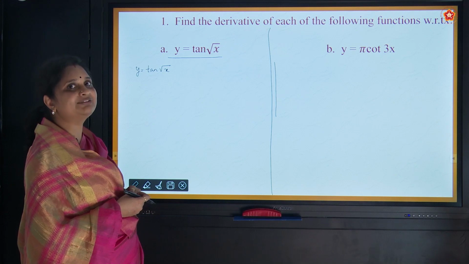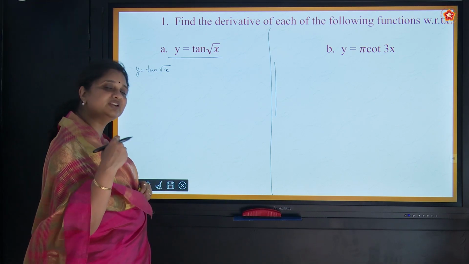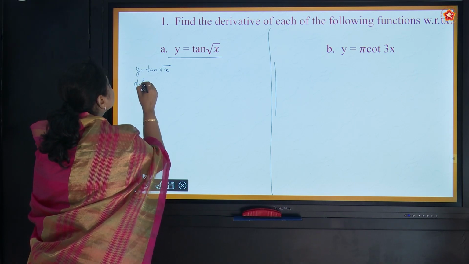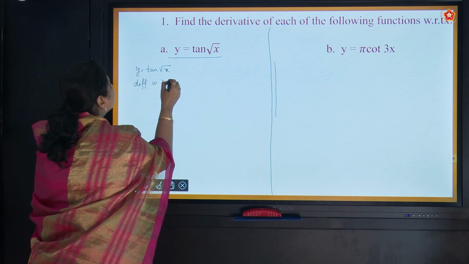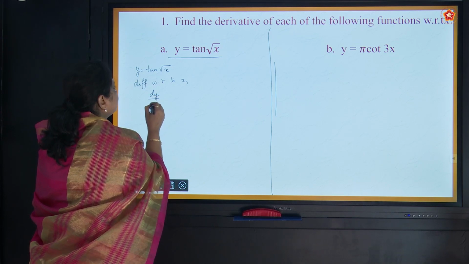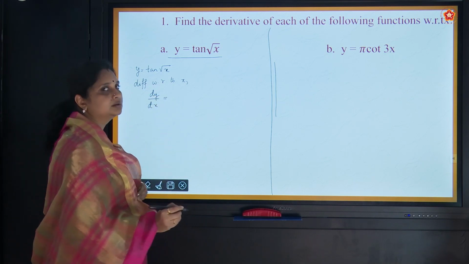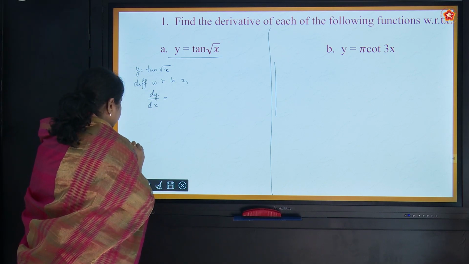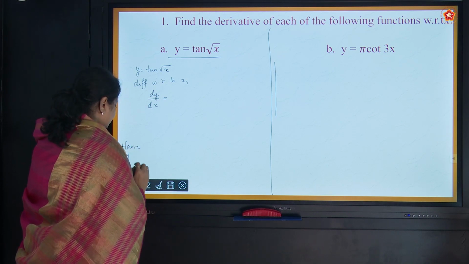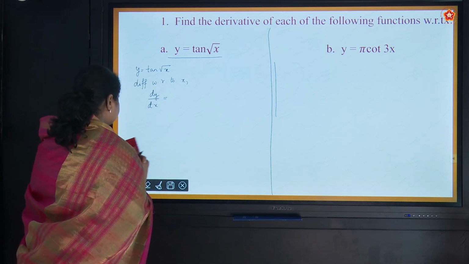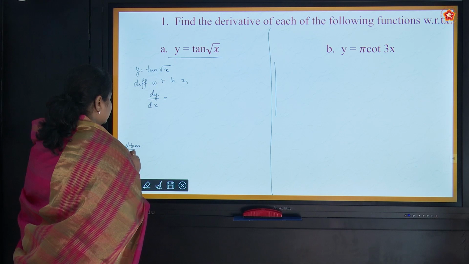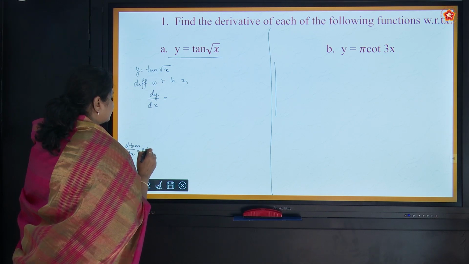So now, how do we differentiate this? We always start by differentiating the outermost function, right? So when I differentiate this with respect to x, what do I get? dy by dx is equal to, when tan x is differentiated with respect to x, d tan x by dx is nothing but secant square x.